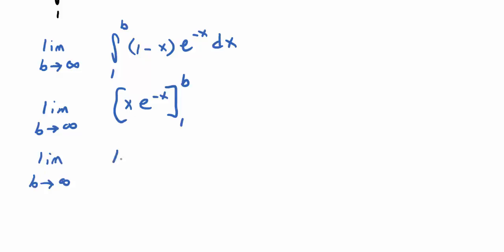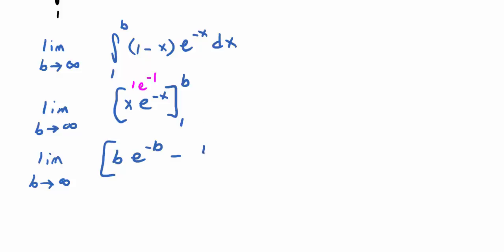Okay, so b e to the negative b minus, so 1 over e. Yeah, when you plug in 1, you get 1 times e to the negative 1, and a minus in front, so minus 1 over e, right?